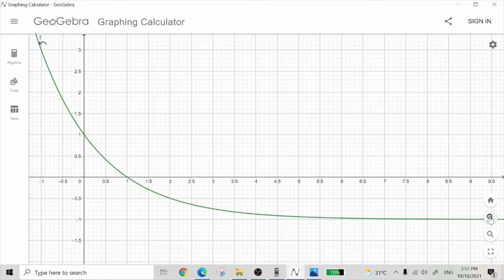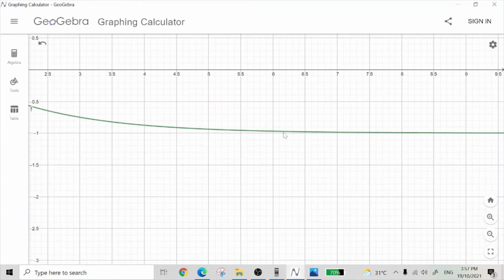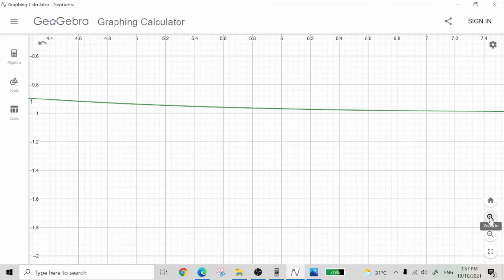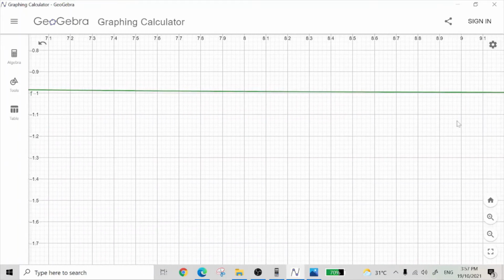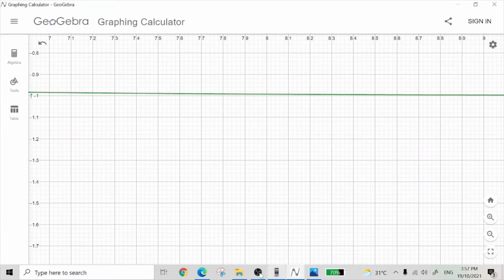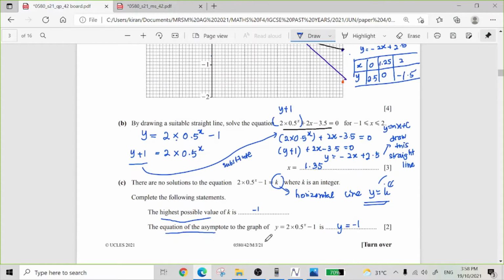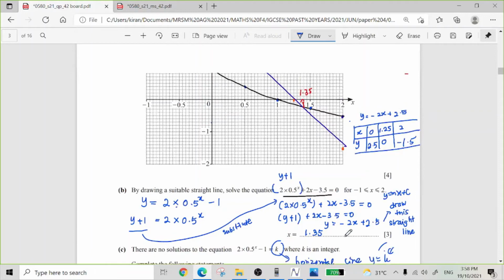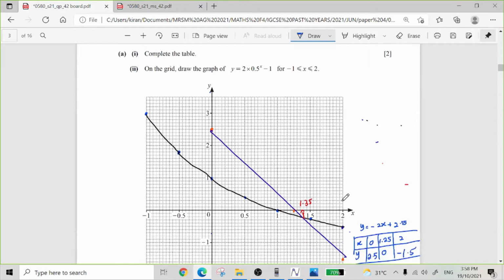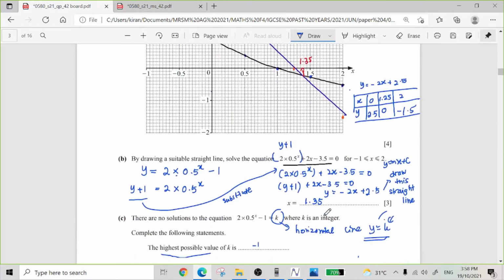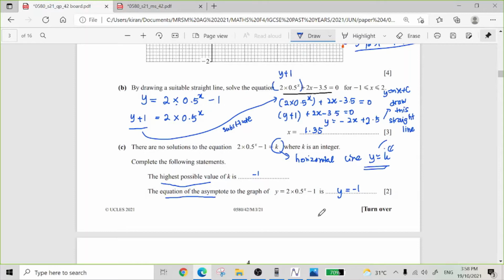Tengok ni, saya besarkan lagi, dia takkan reach pun y equal to negative 1. Sebab apa? Itu dia punya asymptote. Bila you masukkan y equal to negative 1 dalam equation ni, dia akan dapat math error. Guna calculator awak, itu menunjukkan asymptote. So the answer is y equal to negative 1.